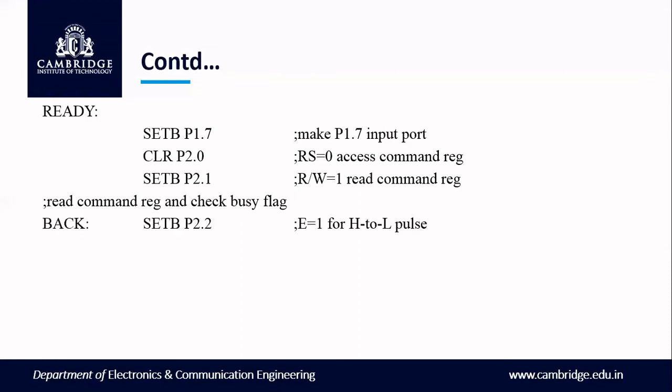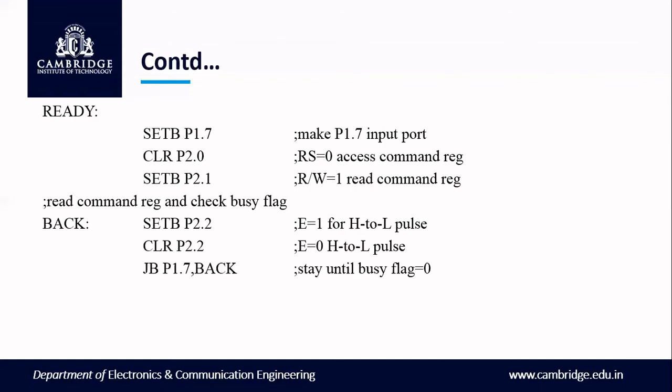So here set bit means you are giving a high to low pulse, you are enabling and you are disabling. Then you are checking the D7 bit. Jump if P1.7 back. So if it is true, then it is busy. If it is 0, means if it is true, you will be checking for 0. So when it becomes 0, that indicates your LCD is ready.